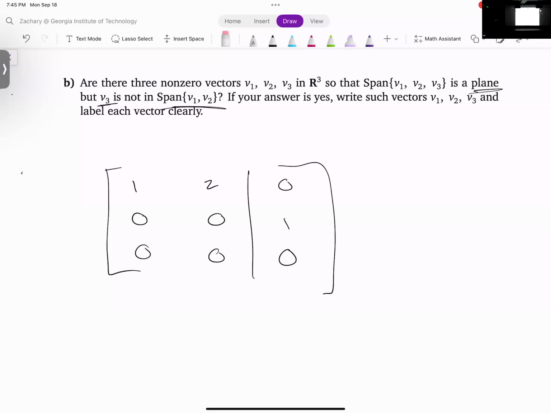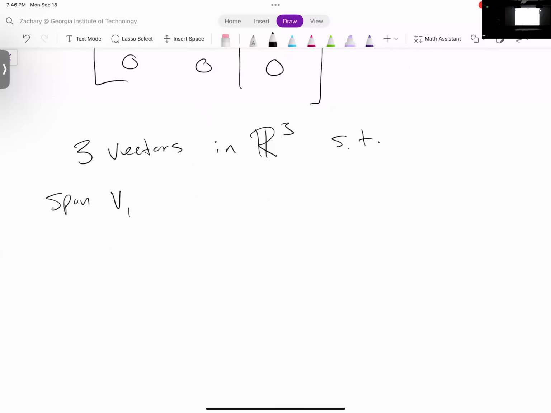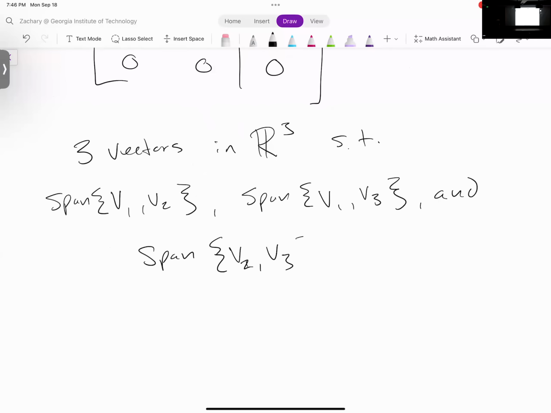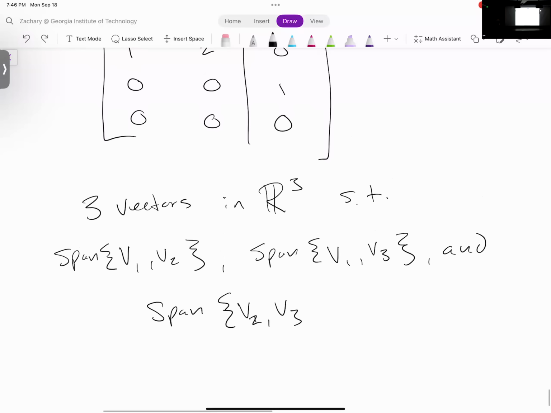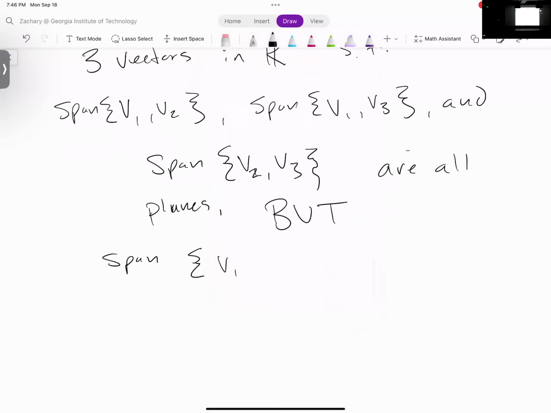One other question that I've seen a lot of is the same kind of vibe as part B, but it's 3 vectors in R3 such that span V1, V2, span V1, V3, and span V2, V3 are all planes, but span of V1, V2, V3 is also a plane.